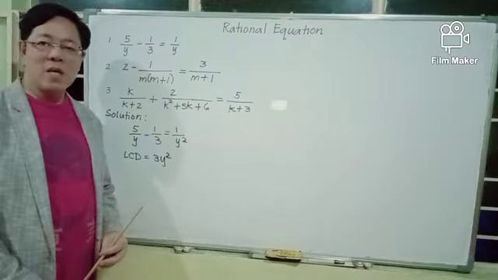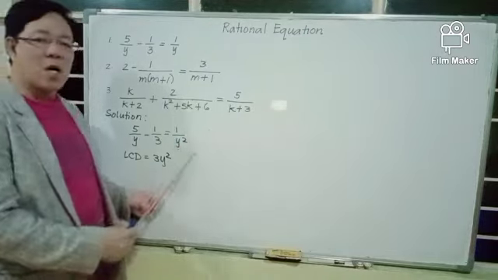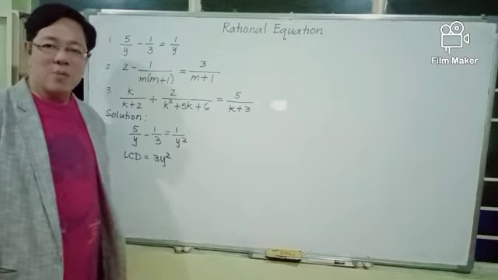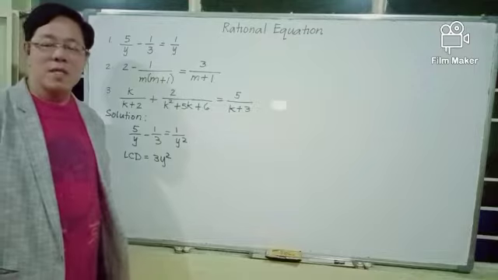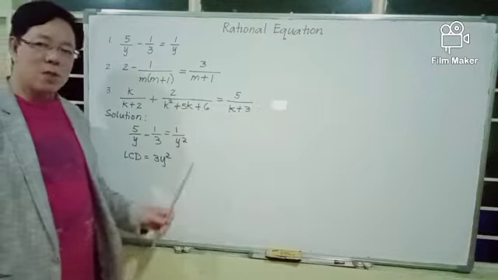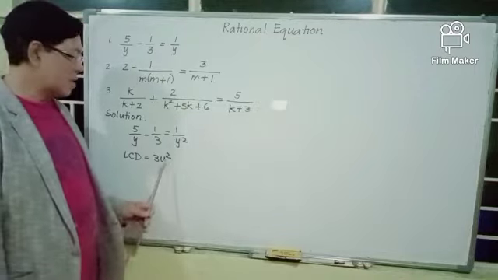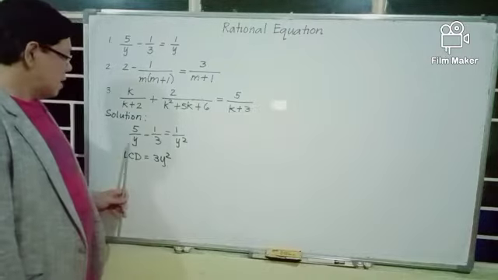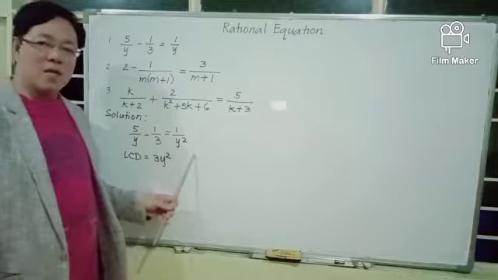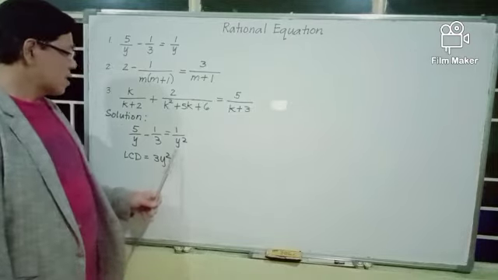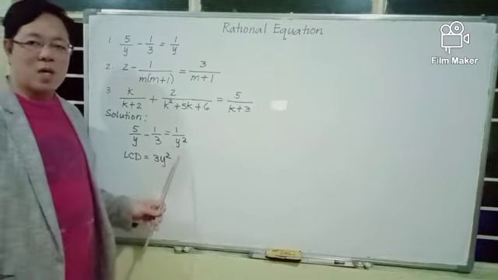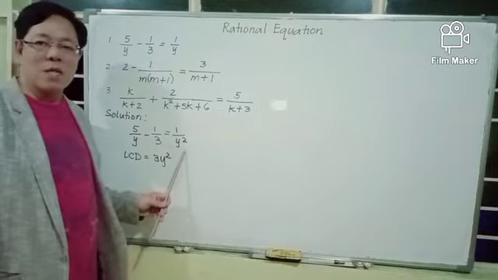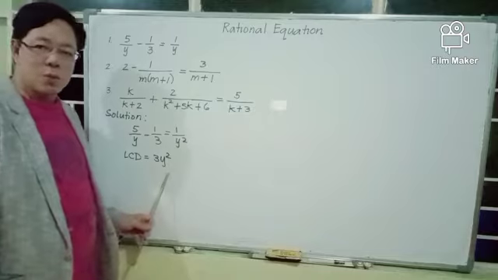Again, if a variable appears in any of the denominators, you take that variable, and if that variable has different exponents in the denominator, you take that variable and take the highest exponent of that variable. Hence, if this is the given rational equation, we take the variable y, because the variable y appears in two denominators, and we take the highest exponent of y, 2.